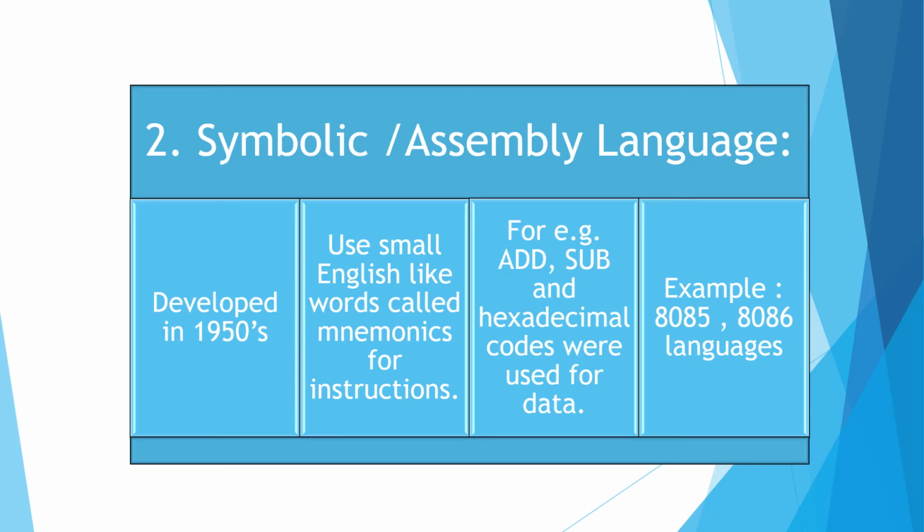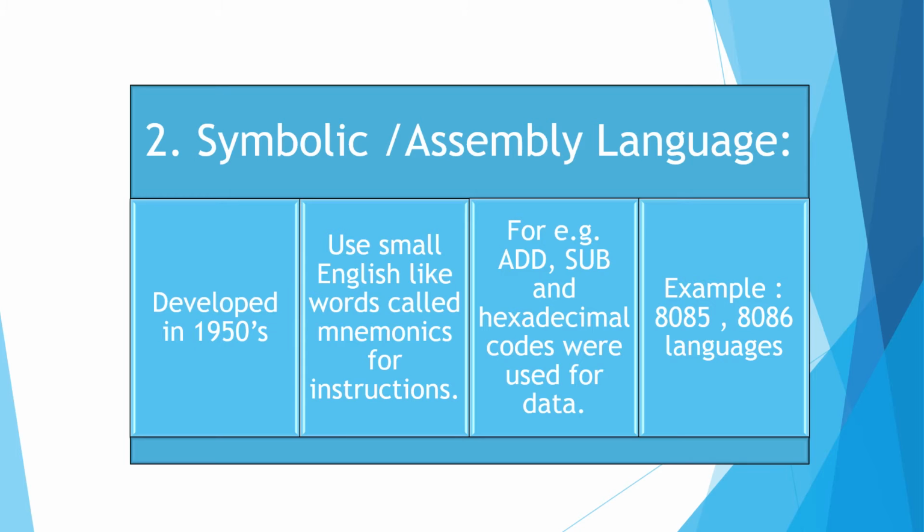And the first purpose of developing this language is to remove the disadvantages of machine language. In this language, small English-like words, which we call mnemonics, are used for instructions.